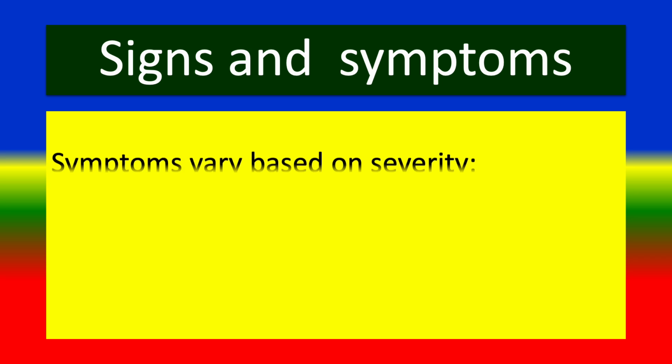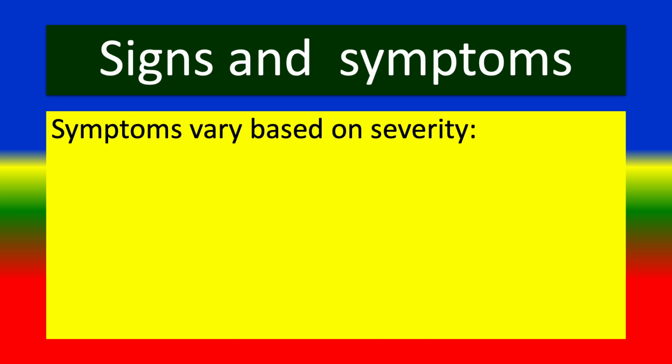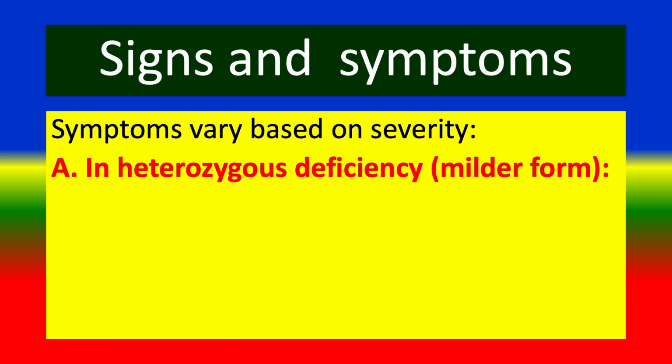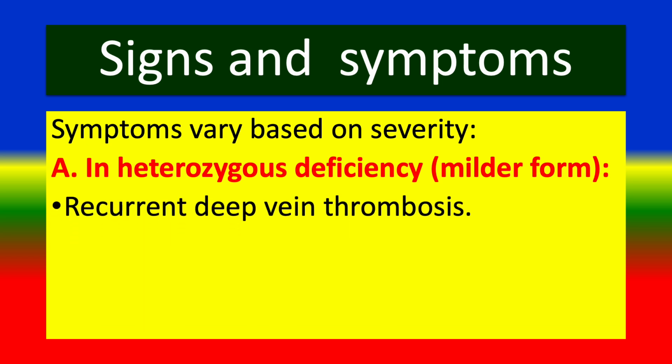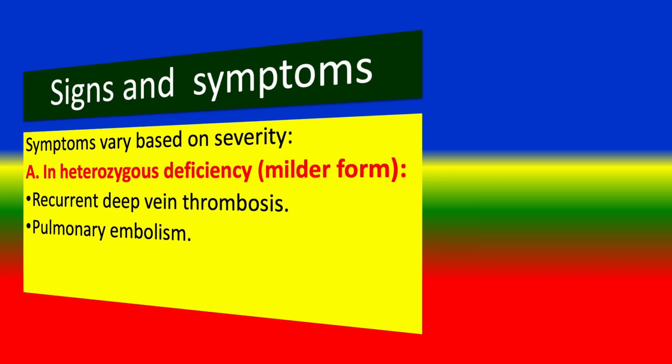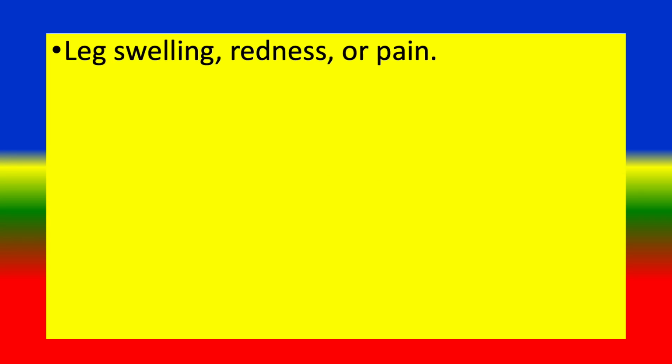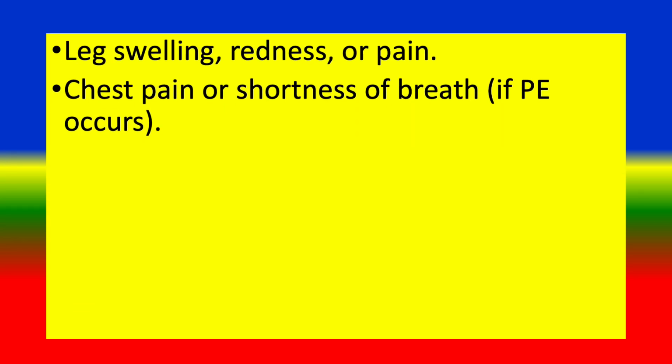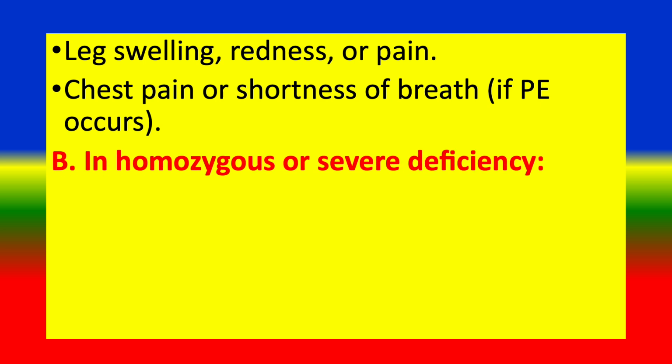Signs and symptoms. Symptoms vary based on severity. A. Heterozygous deficiency, milder form: recurrent deep vein thrombosis, pulmonary embolism, leg swelling, redness or pain, chest pain or shortness of breath.